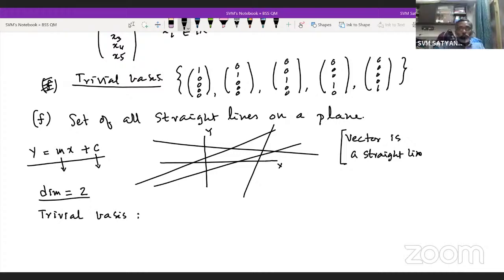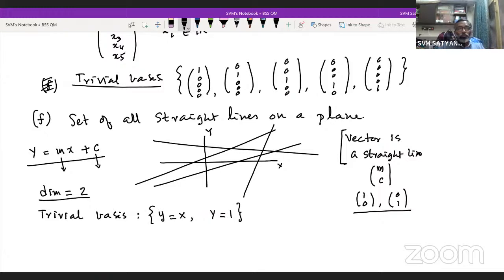Correct. So suppose you say that a general vector you write as (m, c). Then what will be the basis? Basis corresponds to (1, 0) and (0, 1), right? So (1, 0) means m is 1, c is 0. That means y equal to x. And (0, 1) means m is 0 and c is 1, so y is equal to 1.